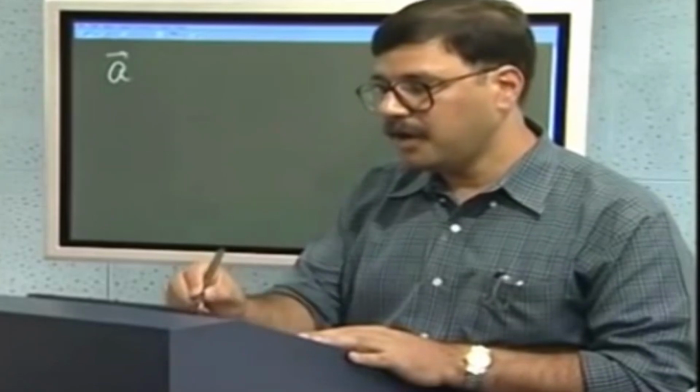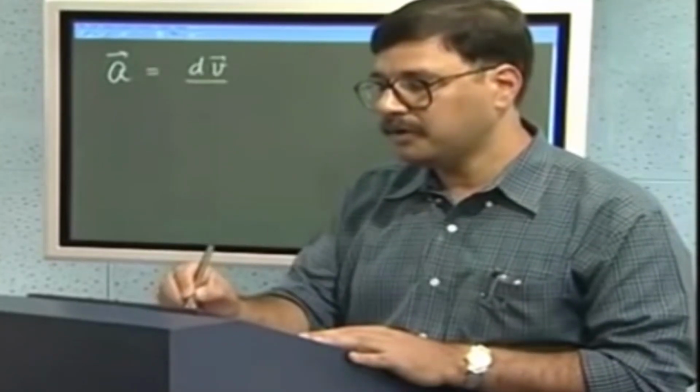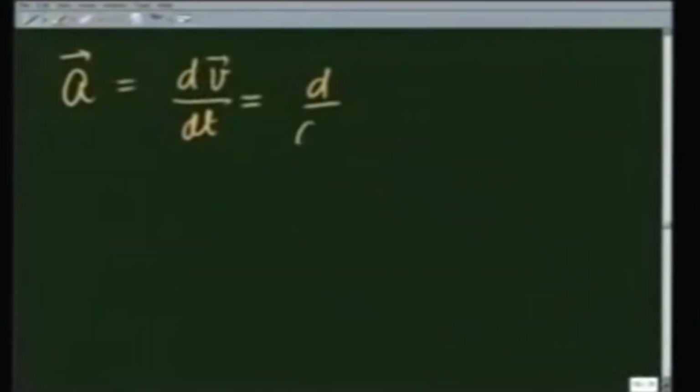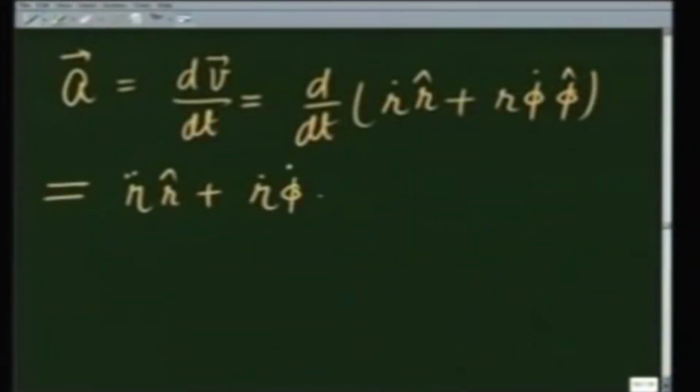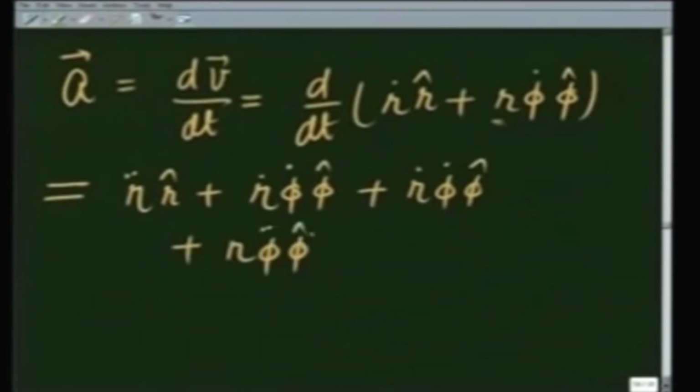Let me write it again. A was equal to dv/dt, which is equal to d/dt of r dot r plus r phi dot phi, which is equal to r double dot r plus r dot dr/dt, which is nothing but phi dot in phi direction, plus r dot from here phi dot in phi direction, plus r phi double dot in phi direction, plus r phi dot d phi/dt, which I have just calculated.